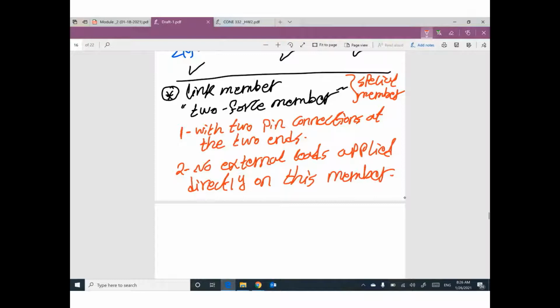We have two conditions. We have two pin connections at the two ends of the member, and no direct external load on that member.